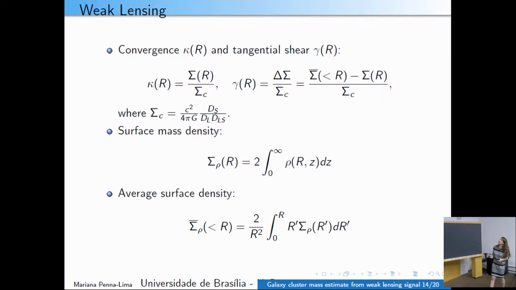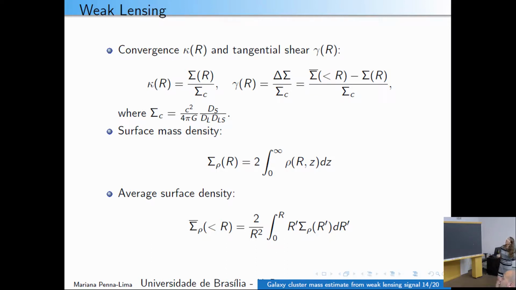The convergence and tangential shear are given by these expressions, where sigma is the surface mass density, and this is the critical surface mass density, which is given by this ratio between cosmological distances. The tangential shear is given by this difference between the average surface mass density and the surface mass density.